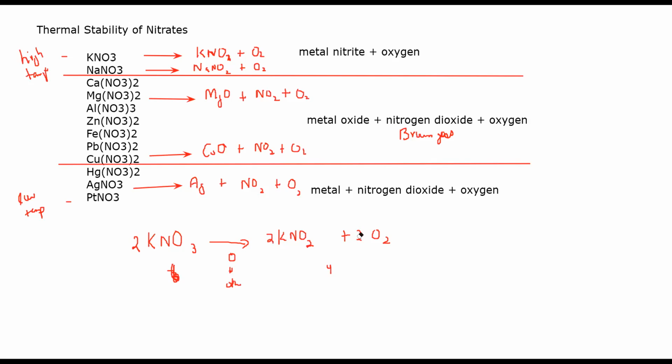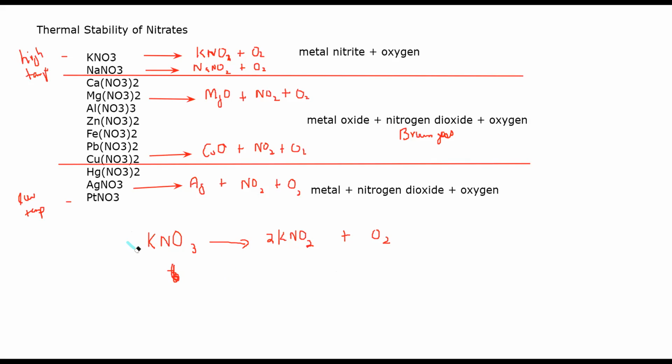But which side should I place a 2? I'll place it with potassium nitrite. Reason for that, as we know, potassium is also 2. So this will balance the potassium as well as the nitrogen. So you can see this equation is balanced in terms of potassium and nitrite.